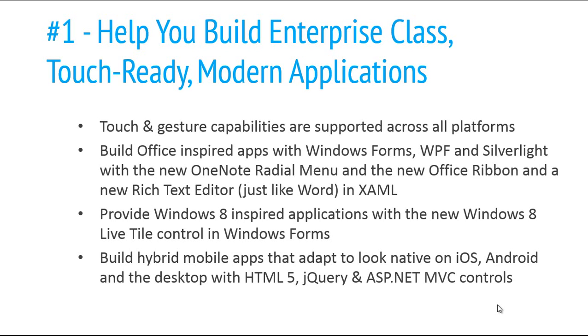And then, of course, across all of the hybrid mobile apps, we want to make sure that they adapt to look like the operating system that they're running on. So when you're viewing one of the iOS native controls on iOS 7, they all look like iOS 7. When you're doing XAML, we've shipped Metro Light, Metro Dark, and a default theme.